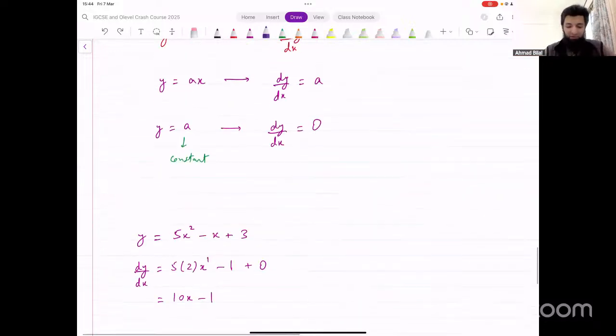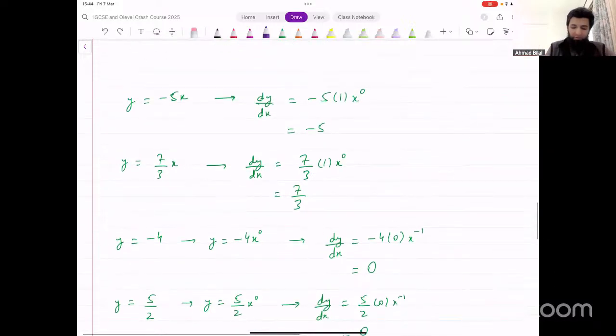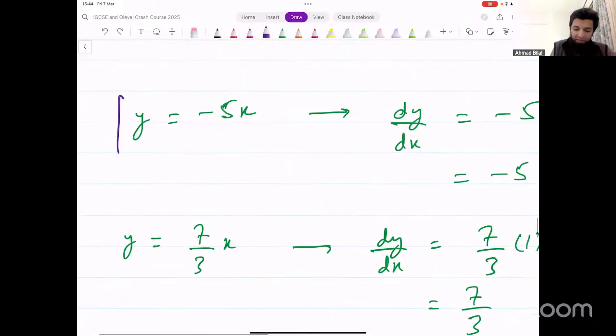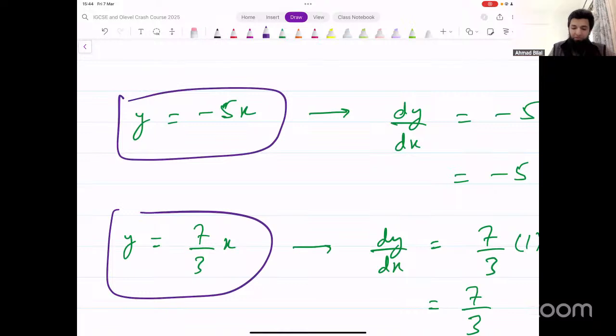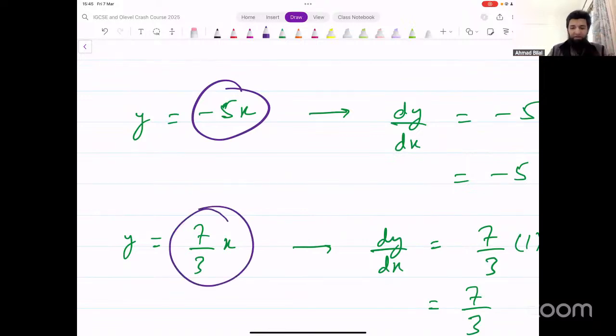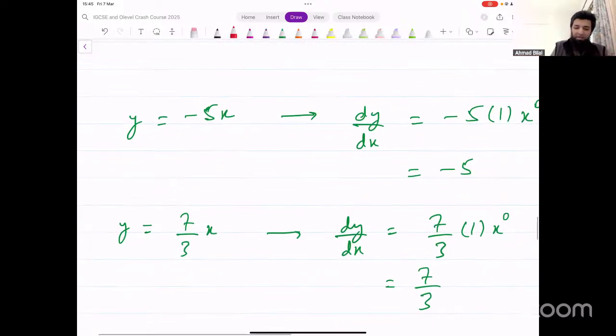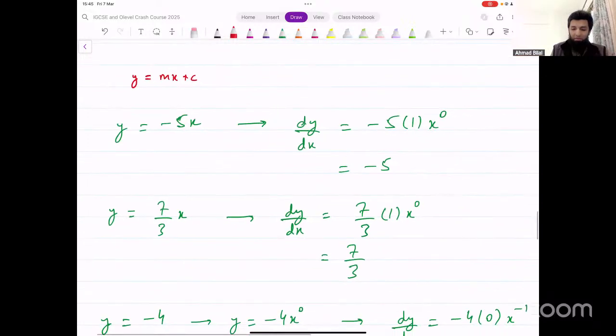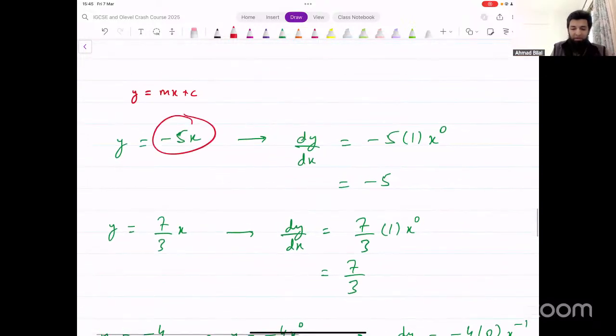And that is why, if you notice, when we had y equals minus 5x here and y equals 7 over 3x here, these are straight lines, right? Minus 5x is a straight line. 7 over 3x is a straight line. Remember the standard form for straight lines, y equals mx plus c. So if you compare with that form, what's the gradient of this straight line?